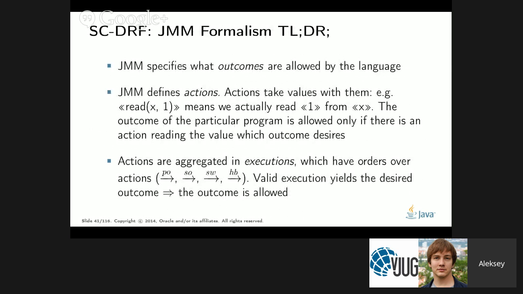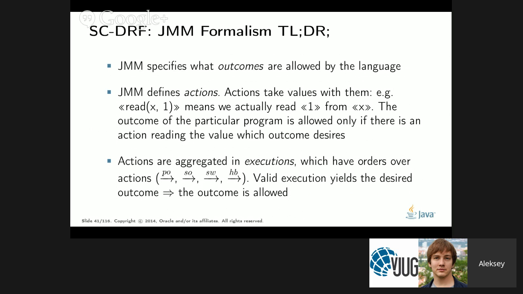So for JMM, JMM is the language spec. It has to encompass all the possible things that could happen in the language. And so it could not provide you with anecdotes about the language and program behavior. It has to specify the behavior of the language rigorously.